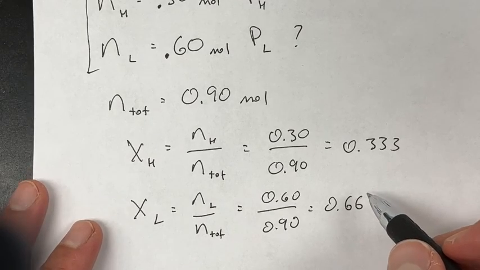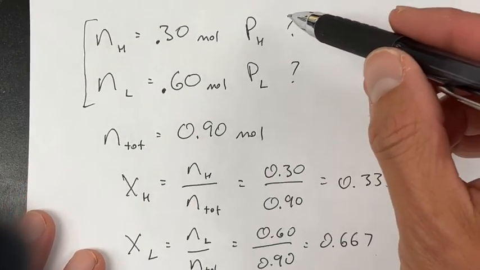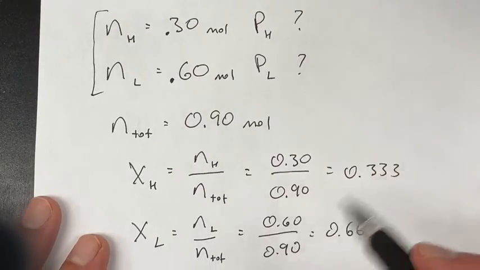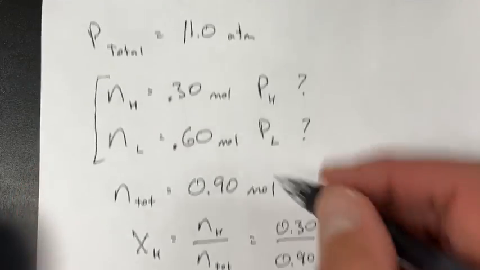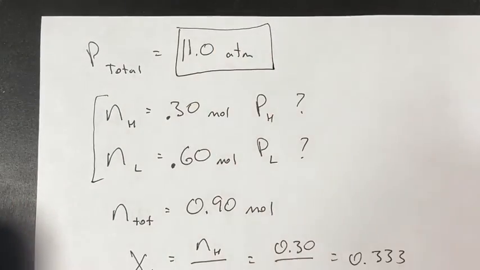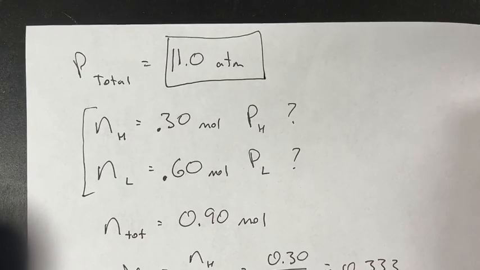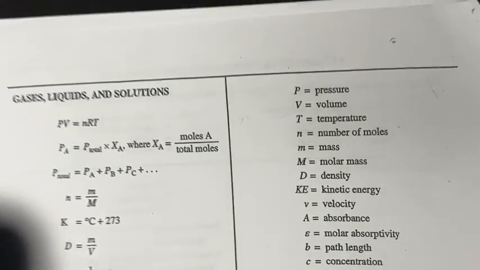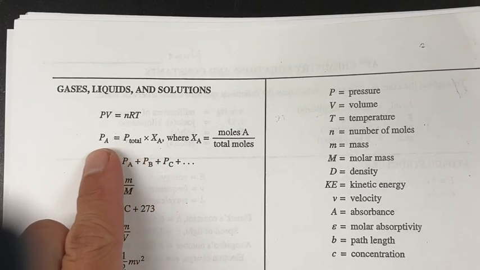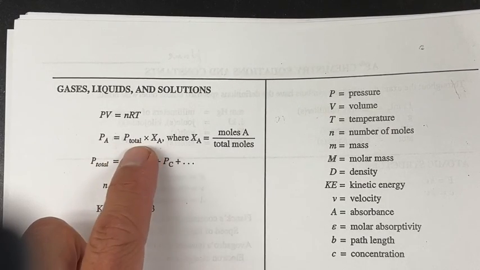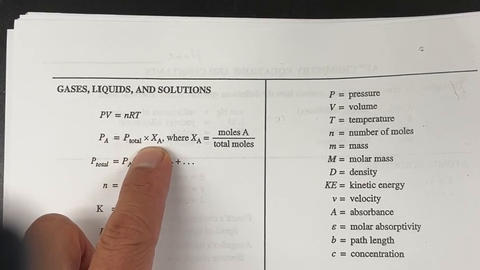How do I get the partial pressures now? I have the total pressure. If you look at the equation sheet, the partial pressure of one gas is the total pressure times the mole fraction.